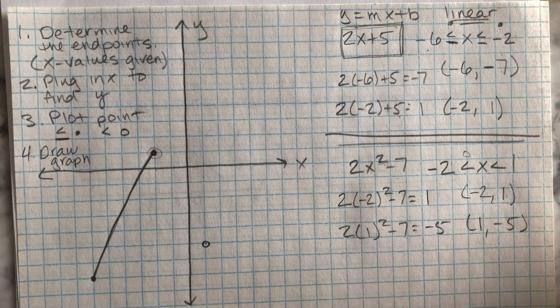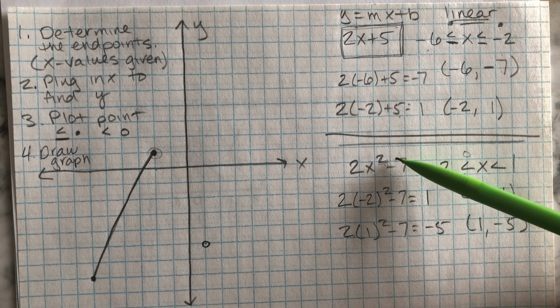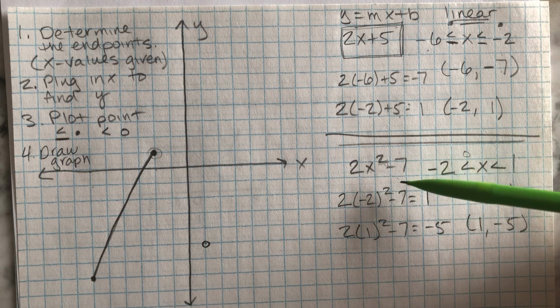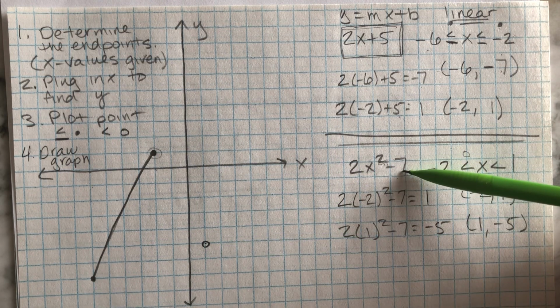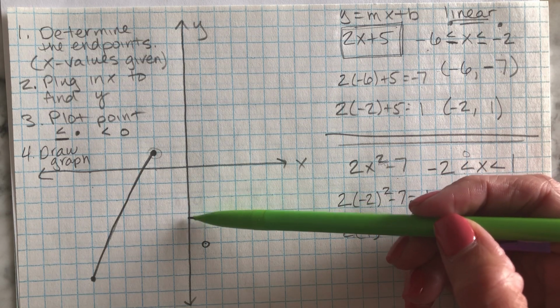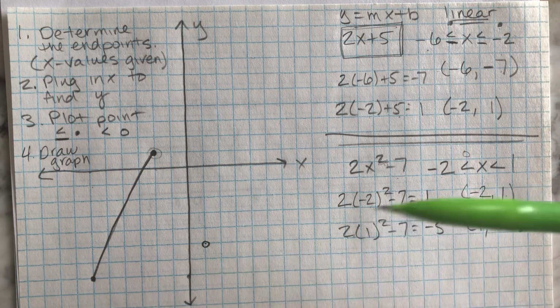Now remember back to last section when we talked about transformations. What does this -7 do to the parabola? -7 on the outside moves it down 7. 1, 2, 3, 4, 5, 6, 7. So that's the bottom of our U right here.